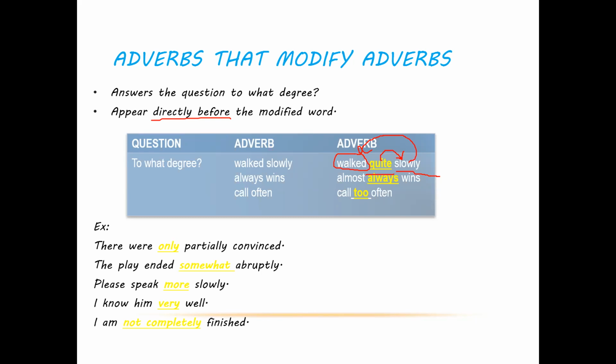Almost always wins. So, yung verb dito is wins. Medyo nakakalitong itong part nito kasi the word always is in between. So, it says here, how often or to what degree does the contestant win? Always. It always wins, but almost lang daw. Bakit sino ba naglagay ng example na to?